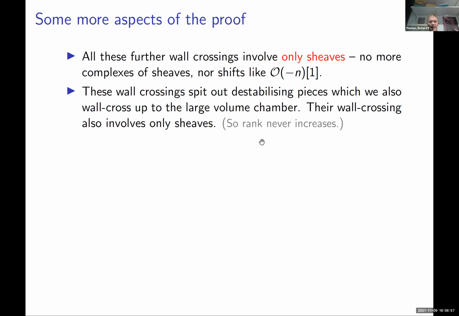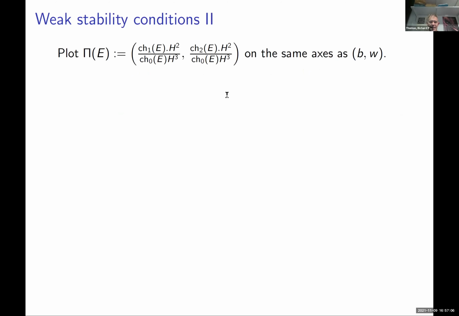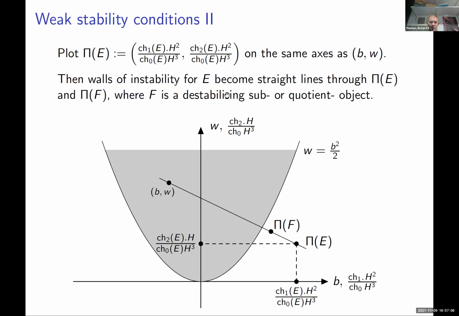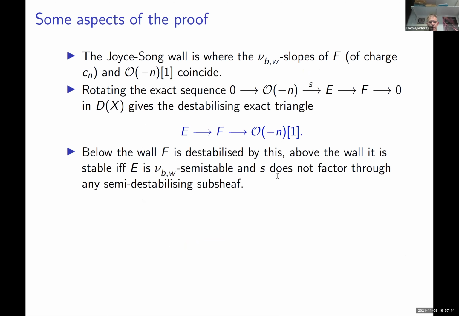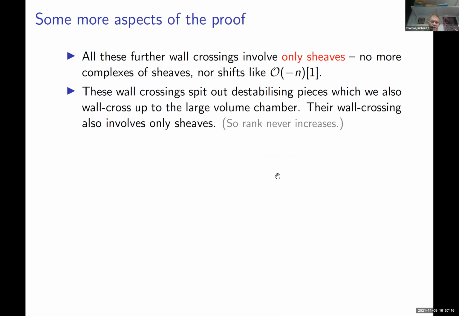The only place you don't get sheaves is in this extreme case where you get this shifted line bundle on the Joyce-Song wall. That's because that really lay right on the parabola. Everything else lies just off the parabola. You take N large enough, use these inequalities, and you can just show they can't happen.